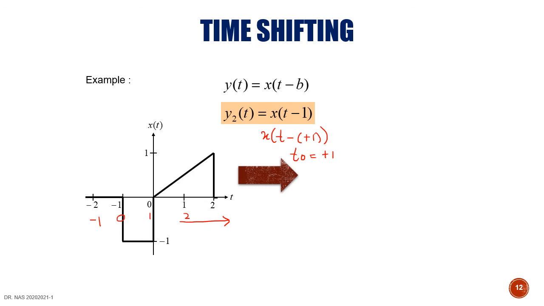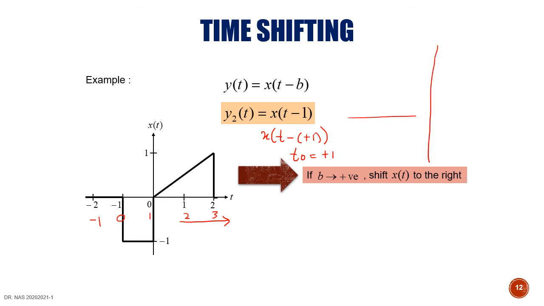So you need to redraw your signal on the new axis. So how does the signal look like? So now 2 becomes 3. Okay, so you have 0, and then you have 3, and then you have 2, and then you have 1, 0, and negative 1.